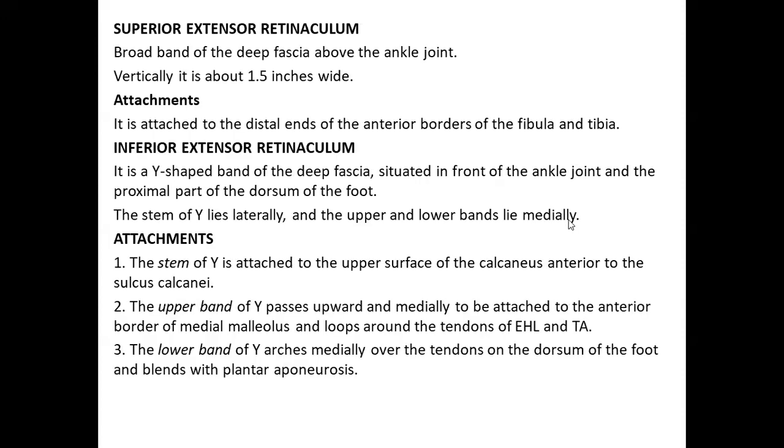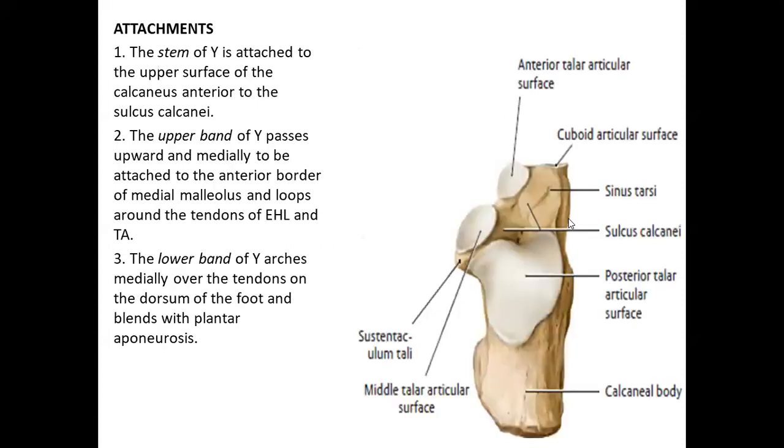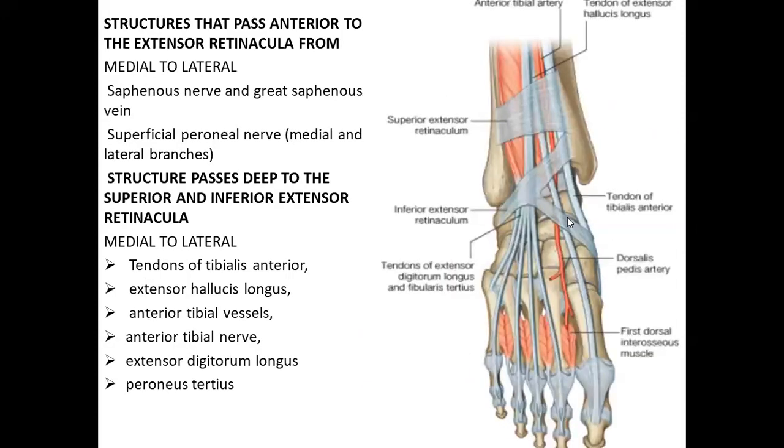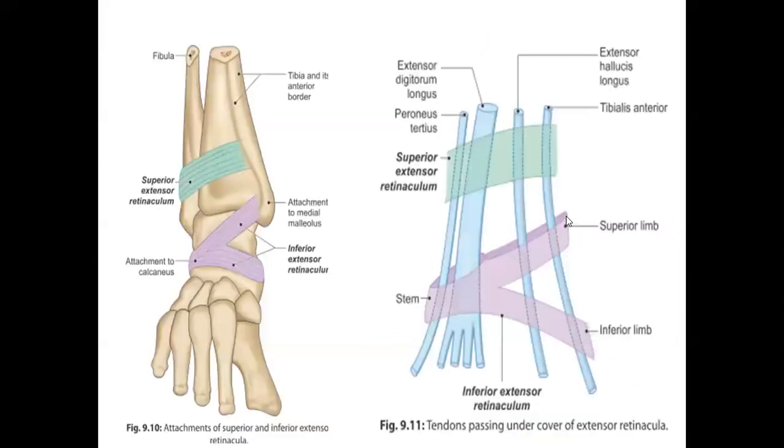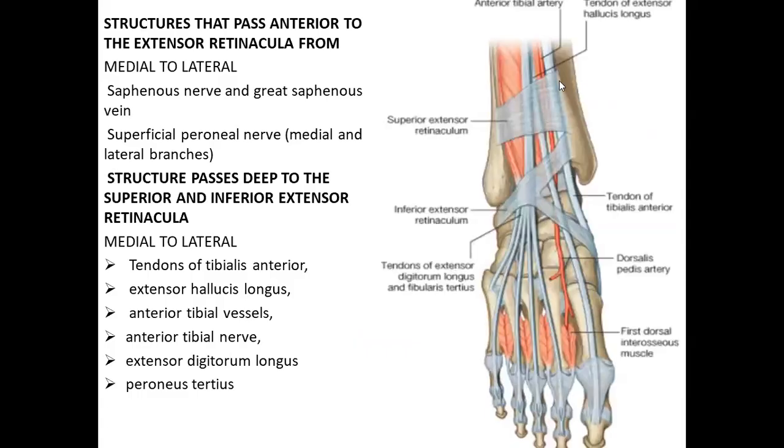Now, this portion is the superior extensor retinaculum. The superior extensor retinaculum forms a broad band which is about 1.5 inches wide, and it lies just above the ankle joint.